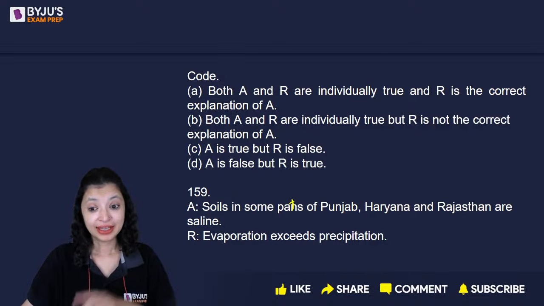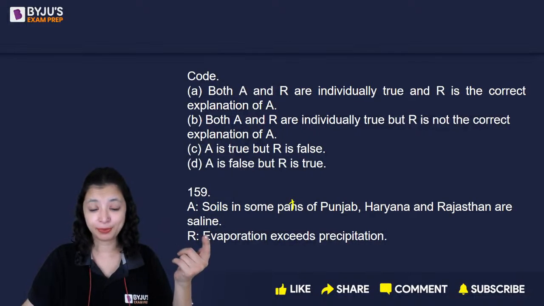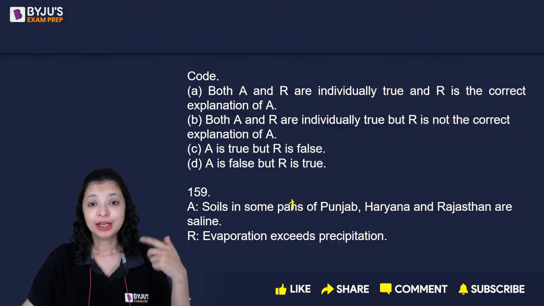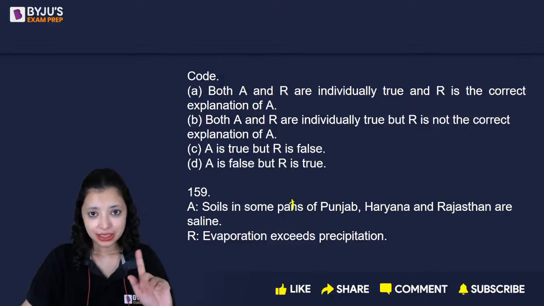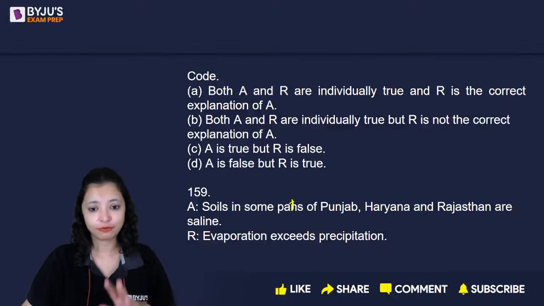Yes, it could. If there is more evaporation and less precipitation, the evaporation will leave behind the saline part, thus causing some parts of Punjab, Haryana, and Rajasthan to be saline. Correct explanation, Priya.